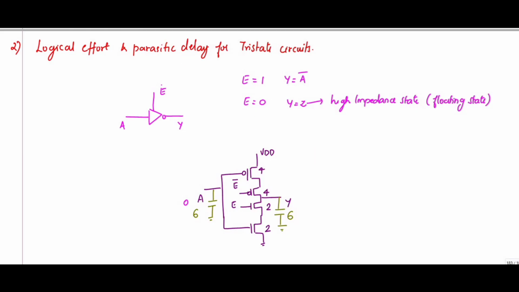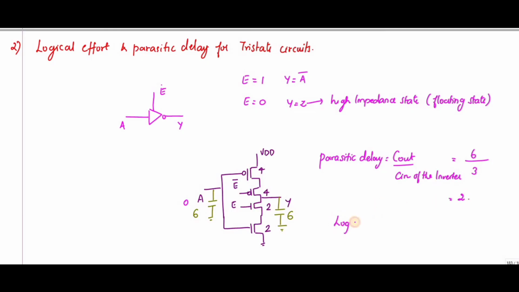So what is my parasitic delay? Parasitic delay is C out divided by C in of the inverter. C in of the inverter we know is 3, and C out of this is 6. So the answer is 2.